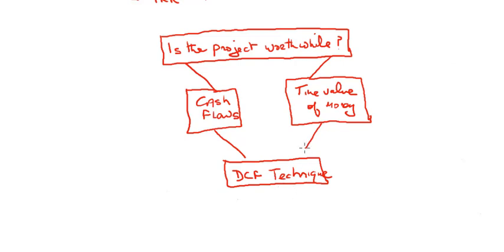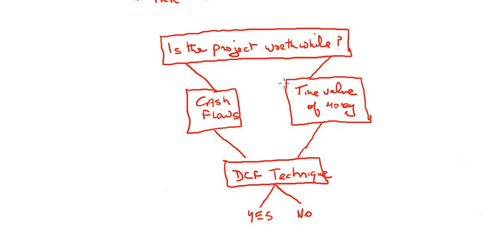Based on that, we're going to get an answer to our question, is the project worthwhile? And the answer is either yes, it's worthwhile, or no, it's not worthwhile. So that's what we're about here. We're trying to ask about this Nevada Limited's project, this proposal, should they go ahead with it? And we're going to look at the cash flows associated with the project over its life.